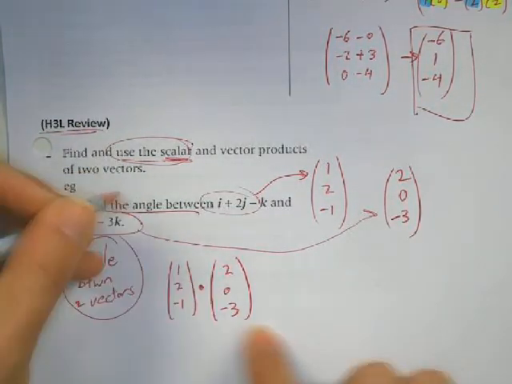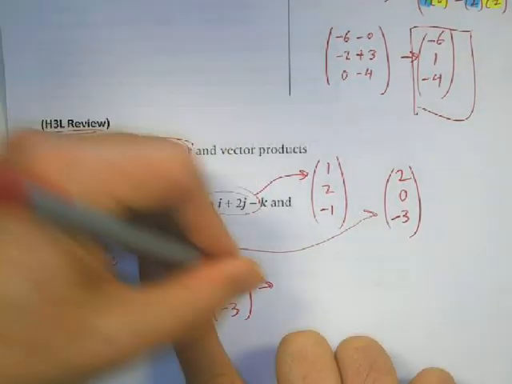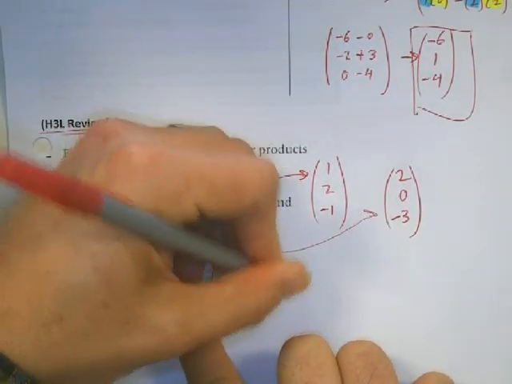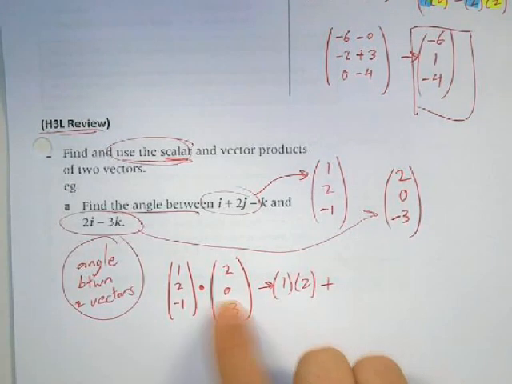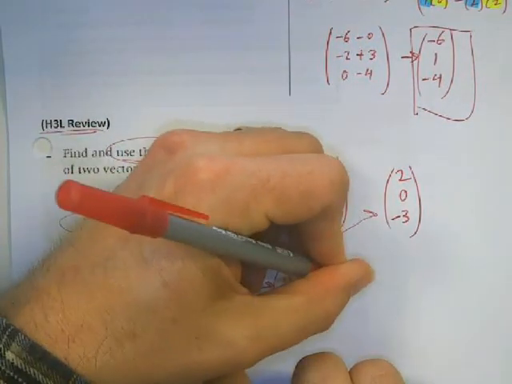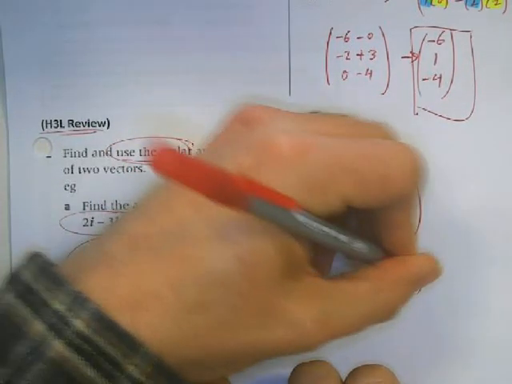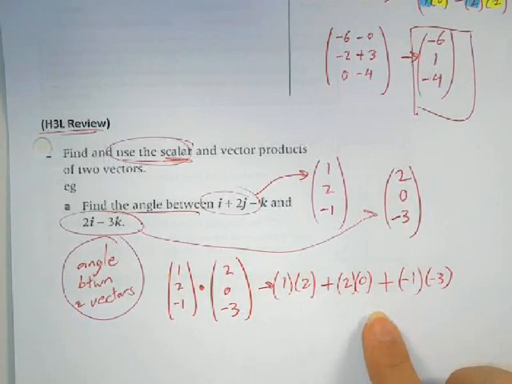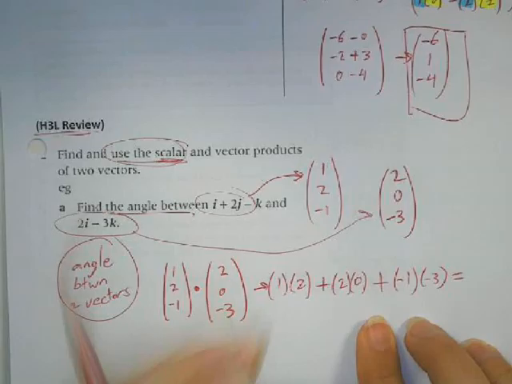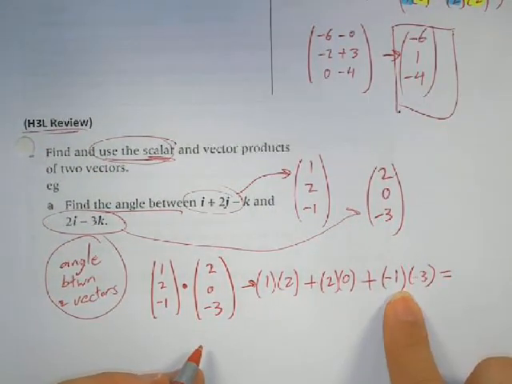To do the dot product, we simply do 1 times 2 plus 2 times 0 plus -1 times -3. That gets us a scalar value of 2 plus 0 plus 3 gives us 5.